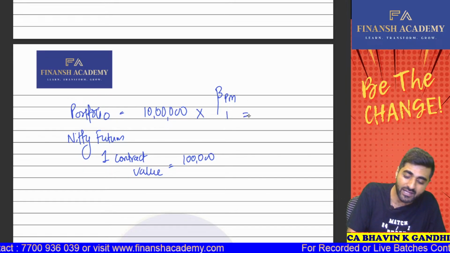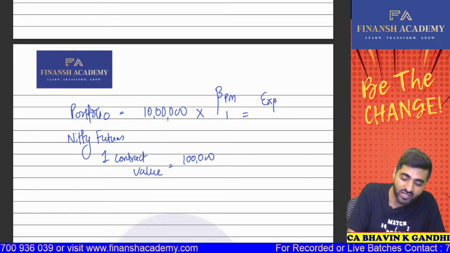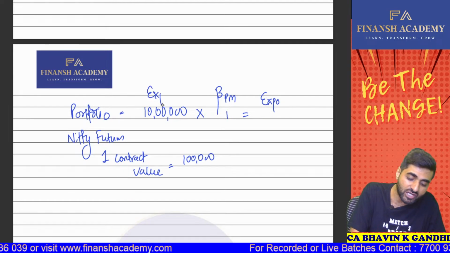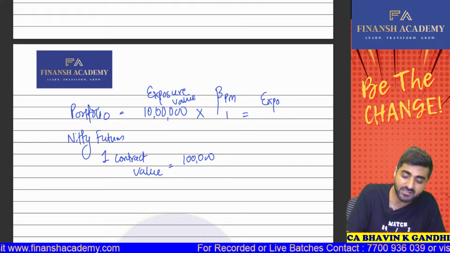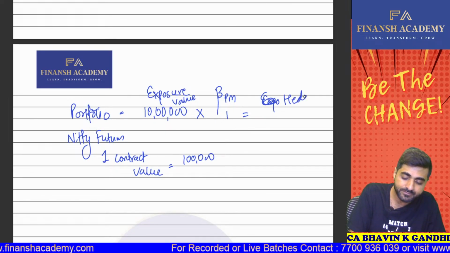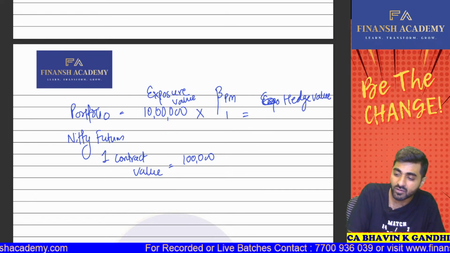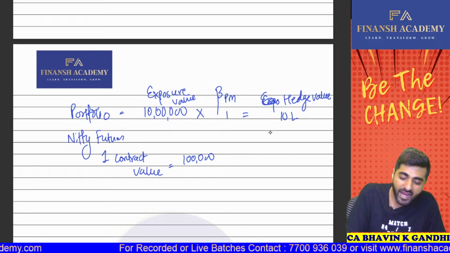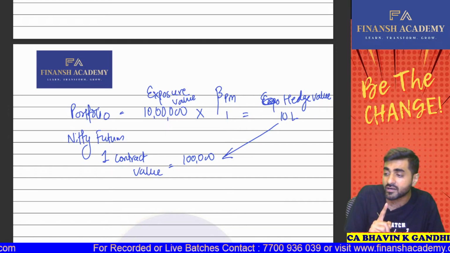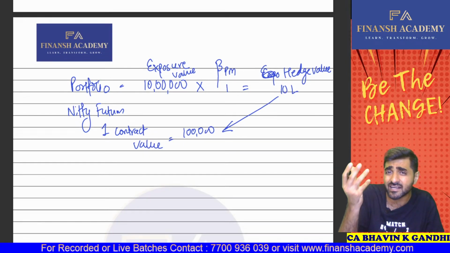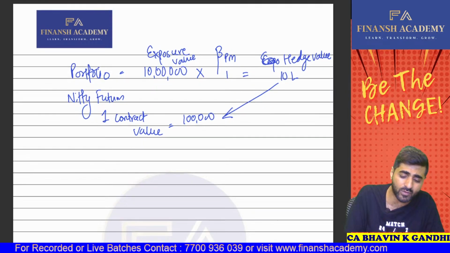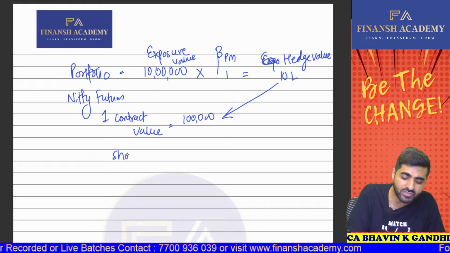So here, as you can see, my exposure value is 10 lakh rupees, because that's the amount of my investments, and my hedge value is 10 lakh rupees, and I have one contract of 1 lakh rupees. So basically, if I want to hedge this entire portfolio with this contract, I will enter into a short position.